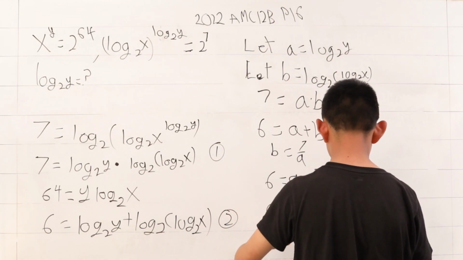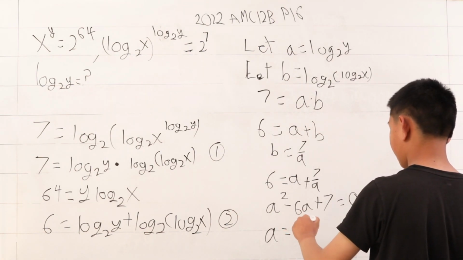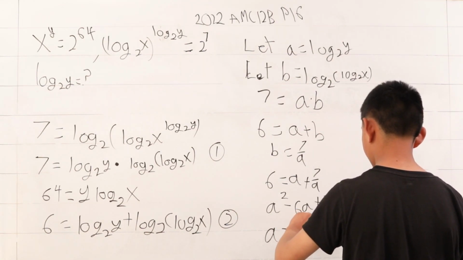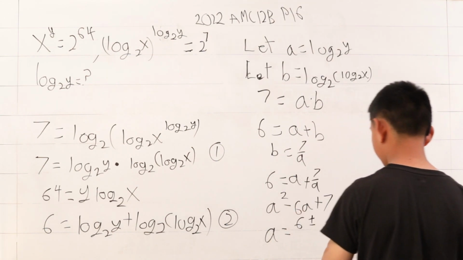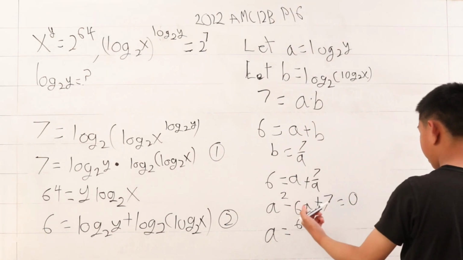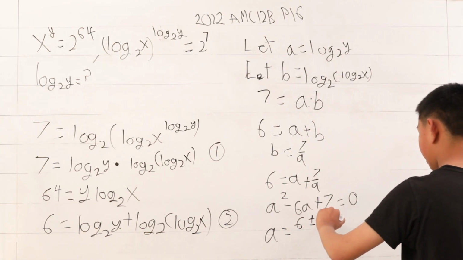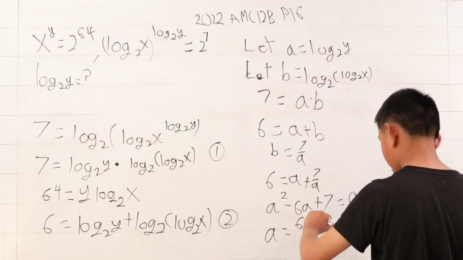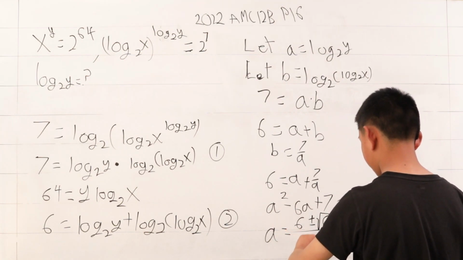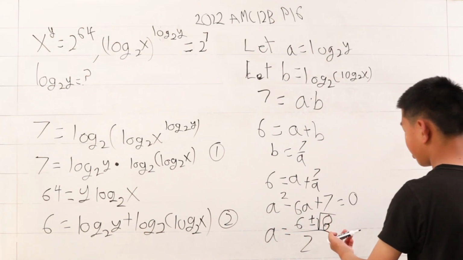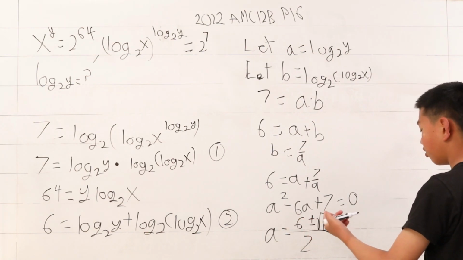a is equal to 6 plus or minus the square root of 36 minus 28, which is 8, all divided by 2. We realize that we can take out a factor.